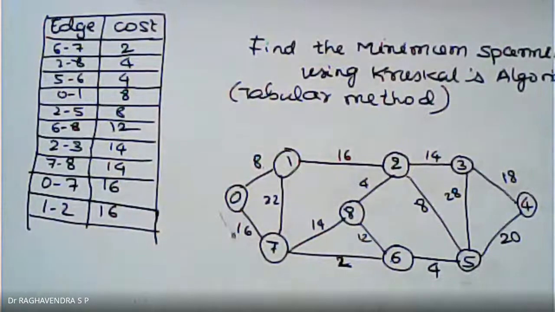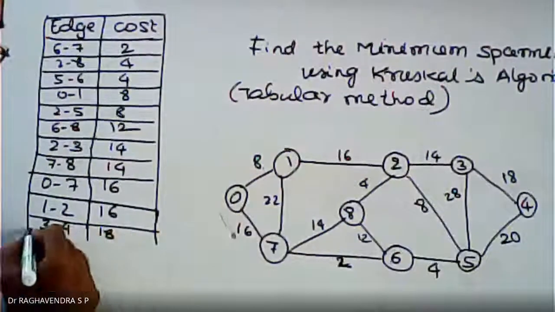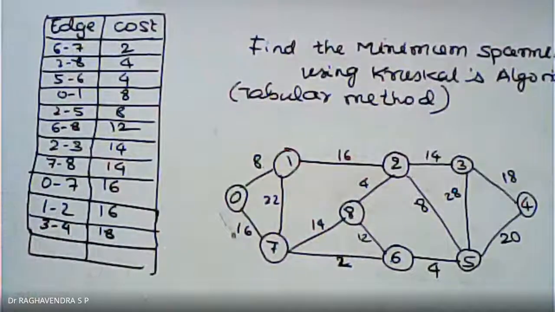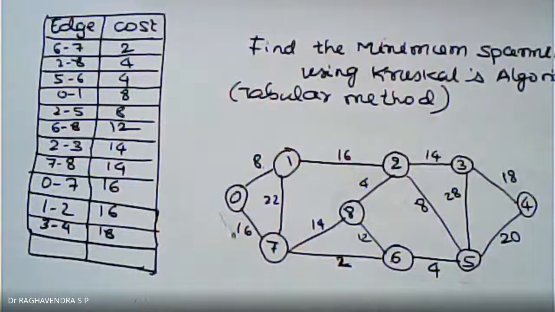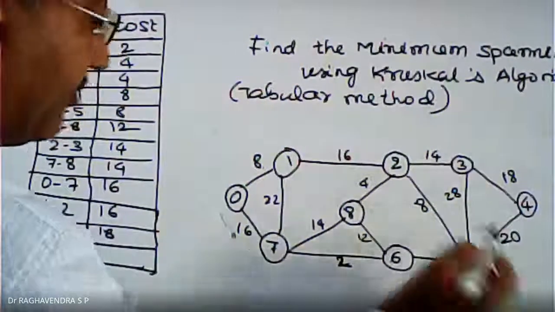Then 18: 3 to 4, 18. Next, 20: 4 to 5, 20.